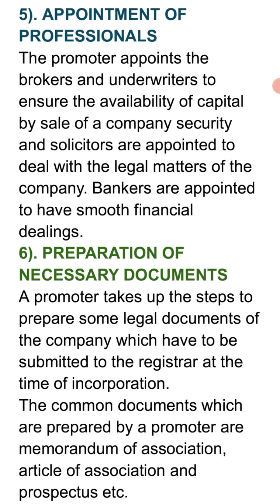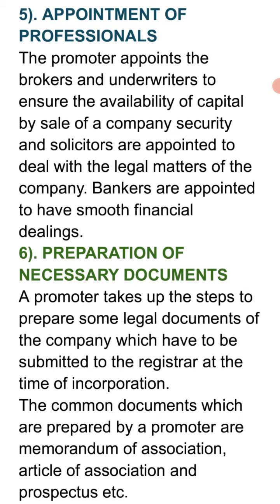Now the next one is the appointment of professionals. For the starting and running of the company, there are legal formalities. So for the accomplishment of the legal formalities, different professionals are appointed.